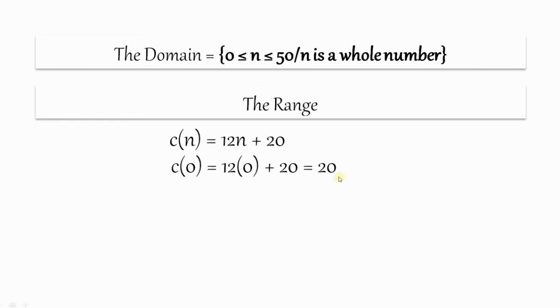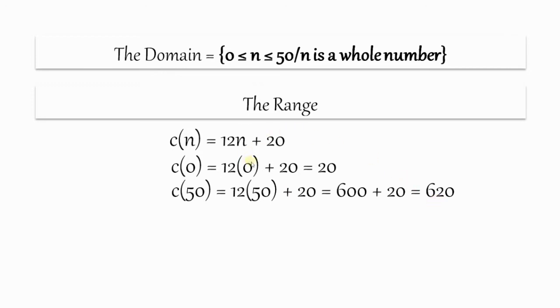The other extreme will be c of 50, which is 12 times 50 plus 20. 12 times 50 is 600, plus 20 is $620. So if we have 50 students making the trip, we will be paying a total of $620.